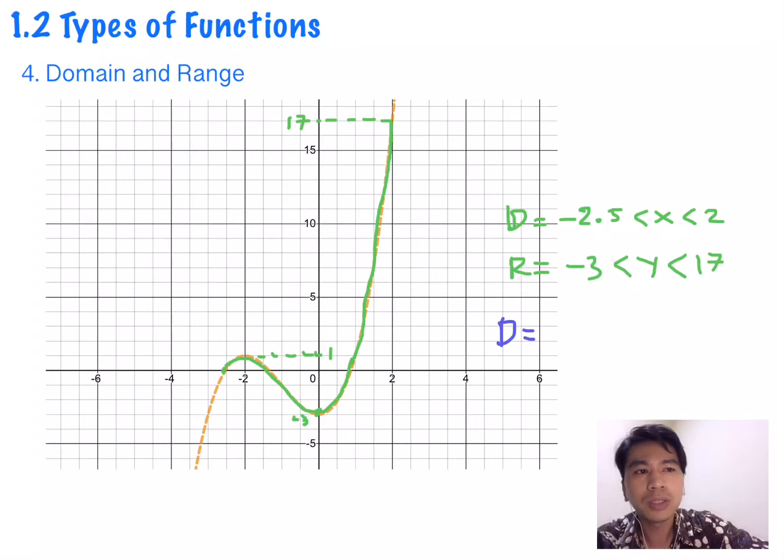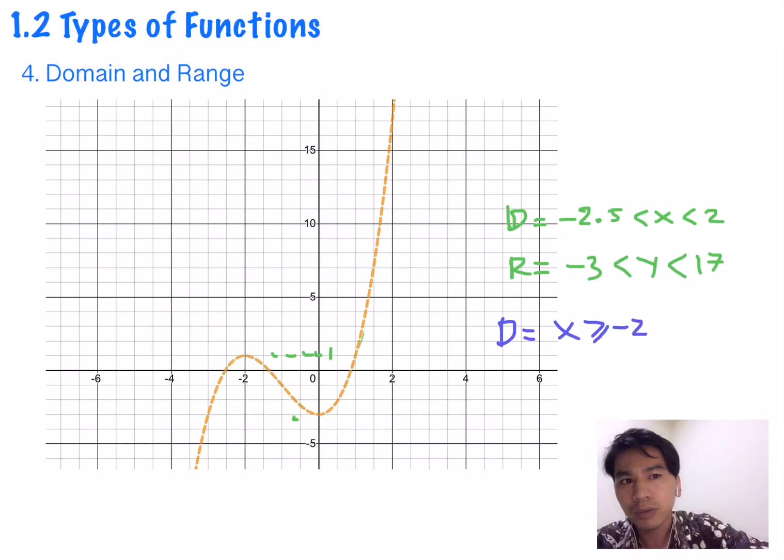To test if we really understand or not, if I ask you what the range is if the domain is x greater than or equal to negative 2, then what you need to do is to list out or mark the graph. So I'm going to erase this for us.